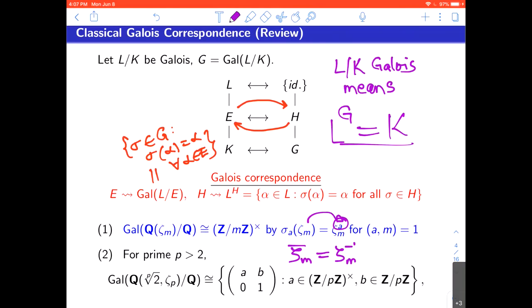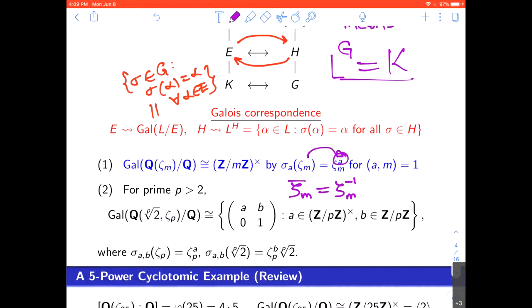And that's an abelian Galois extension, and then a non-abelian example is given in the second example there. I'm not going to be using it too much, but that's kind of the basic example. Adjoining the cube root of 2 and the cube roots of unity, splitting field of x^p - 2, for instance. So the cyclotomic one for us is really going to be the more important one.